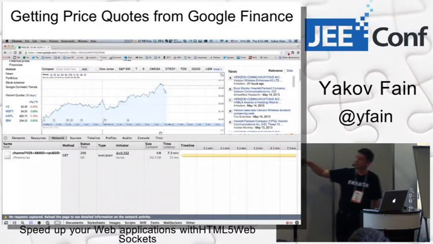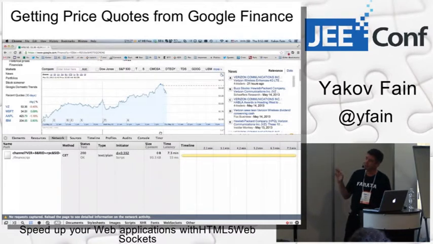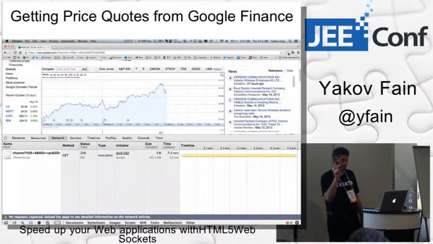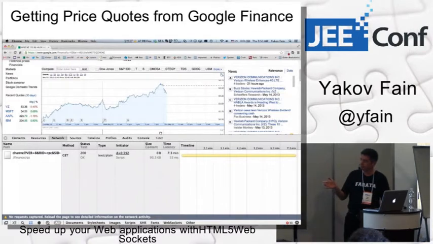So this is an example of Yahoo Finance, or google.com/finance. You can go in there, enter the security, and it'll start showing you the prices and everything will be blinking.